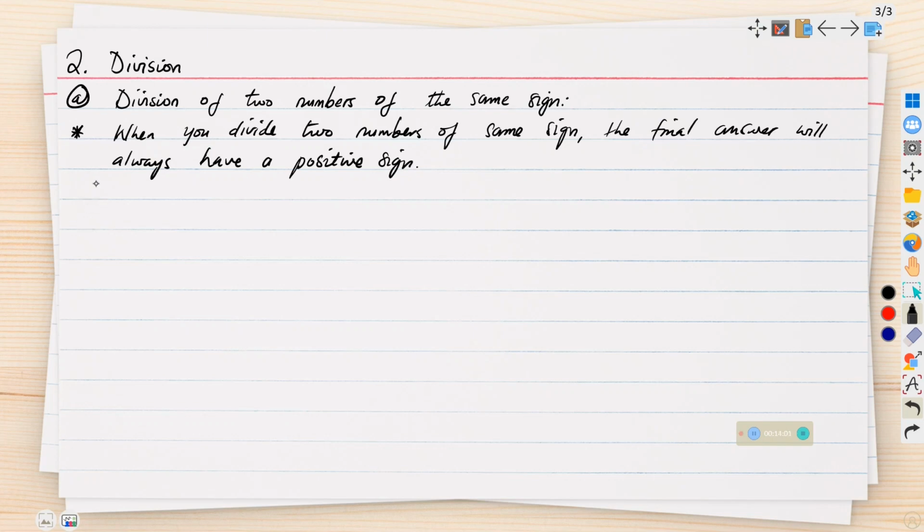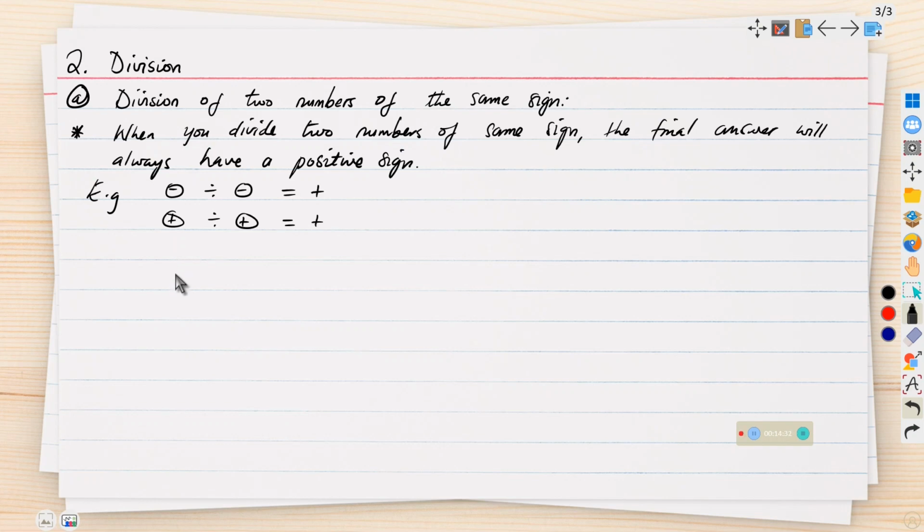E.g., if you have a negative number dividing it with a negative number, the final answer will be positive. If you have also a positive number dividing it with a positive number, the final answer will be positive. Okay, so let's look at this.